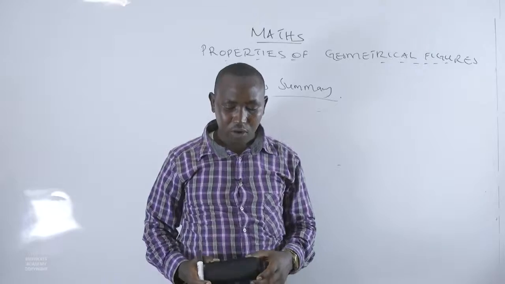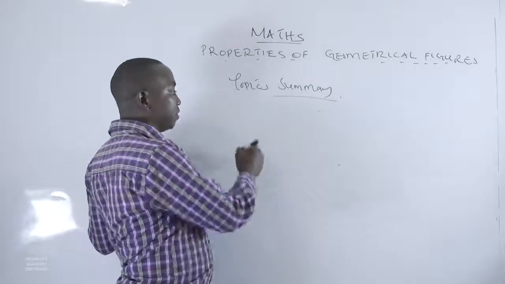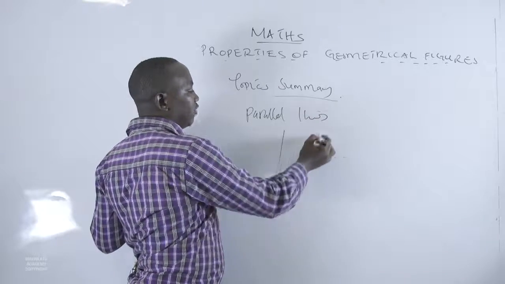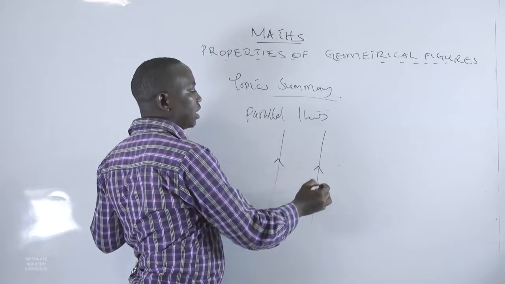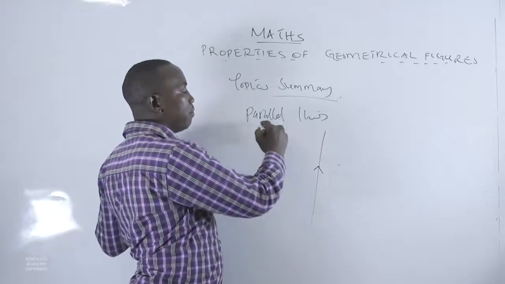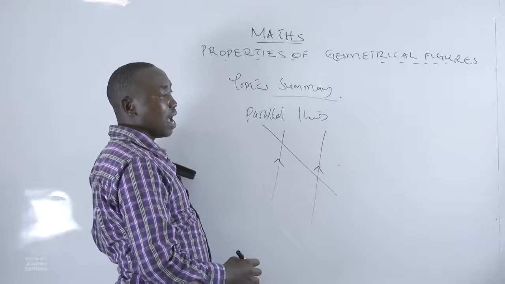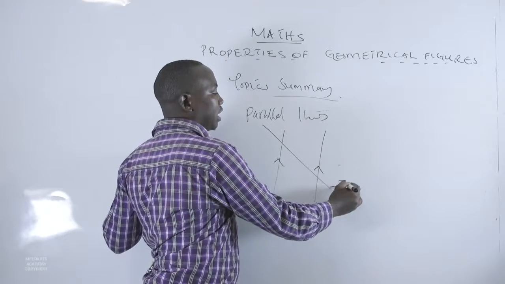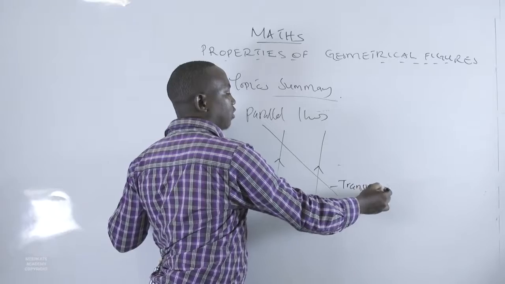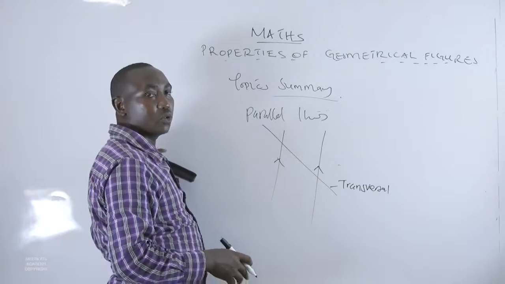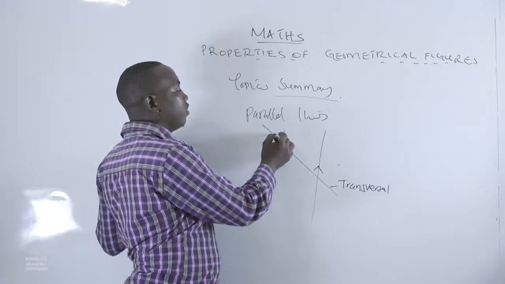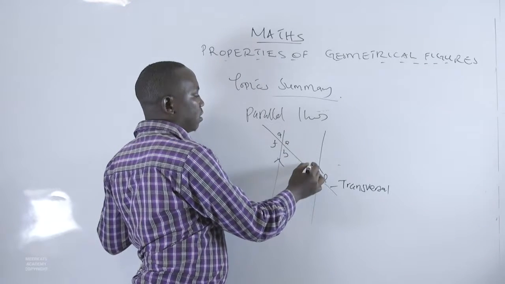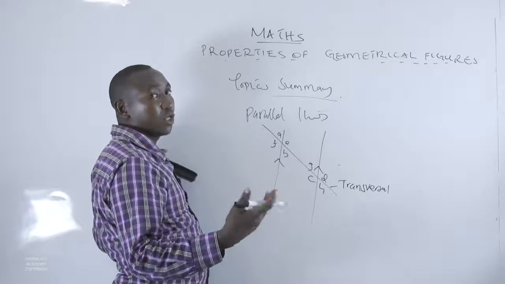We also touched on the issue of parallel lines, where we say that if these two lines are parallel, these arrows are normally used to show parallelism, and when we obtain another line that is cutting across those two parallel lines, we say that this one is called a transversal, and as it cuts across the two parallel lines, it forms a series of angles which we were able to state and name.